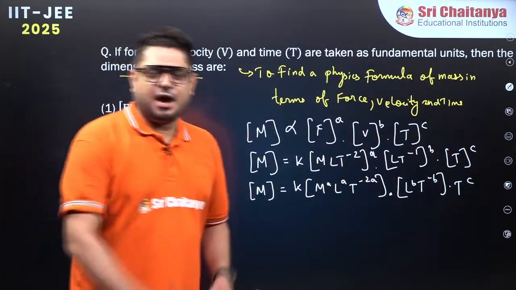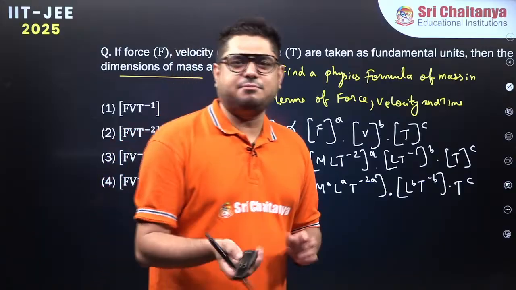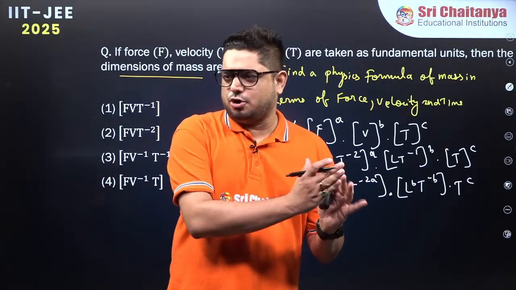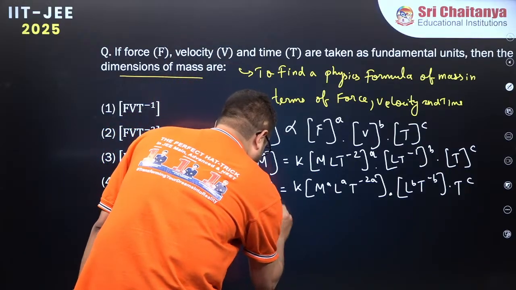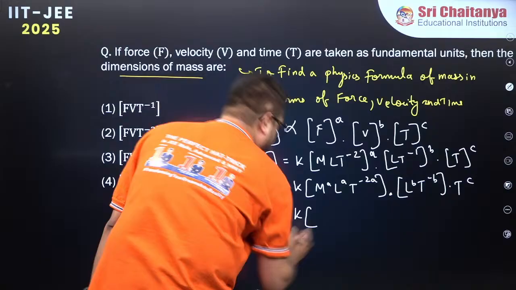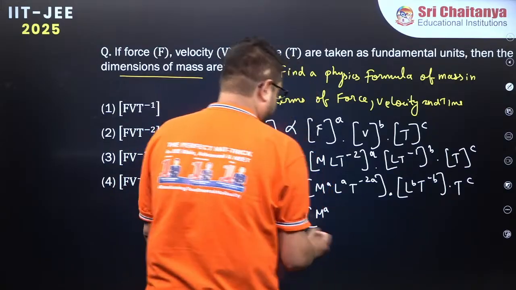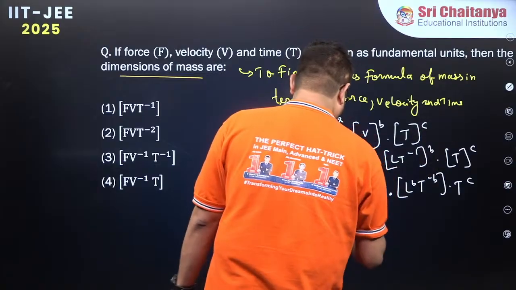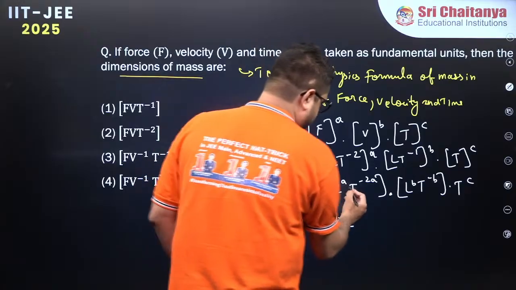The next step, now we need to rearrange the powers in such a way that mass, length and time are arranged all together. So this can be written as K, M to the power A, that's it, nothing else is there. Multiplied by, now you are able to see that L to the power A is over there.